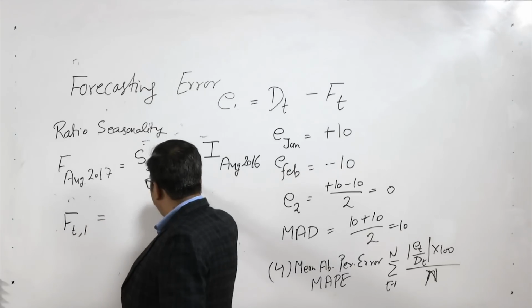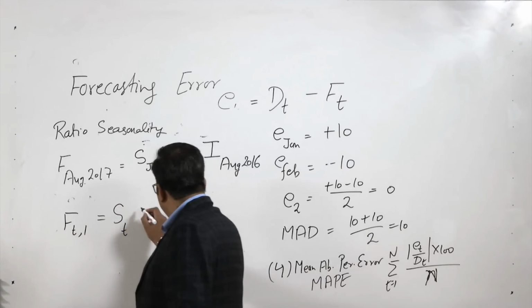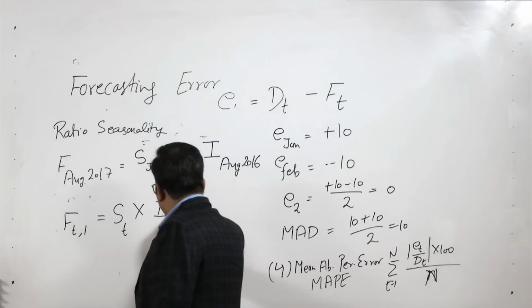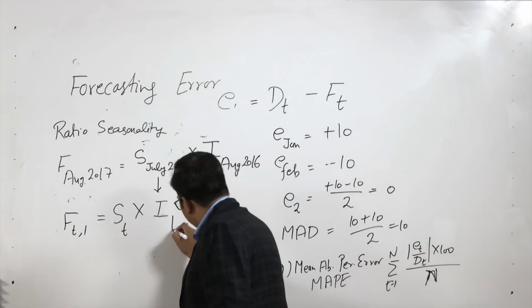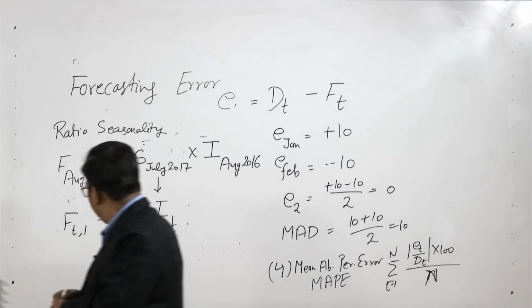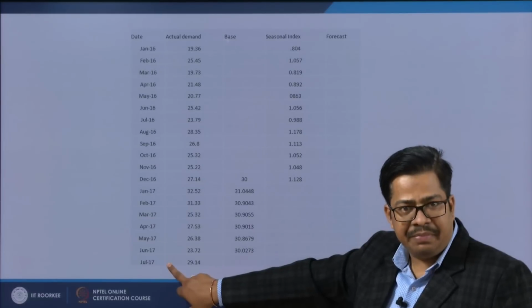Then July 2017 is my current base, multiplied by I of August 2016. So, August 2016 will be the seasonal index used when I am in July 2017.